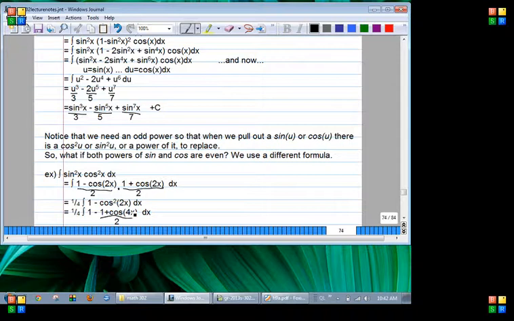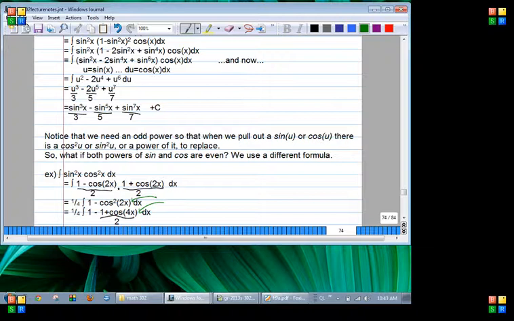But I want to bring your attention to something. What was the old angle in the cos squared? So what's the new angle in the formula? What happened to the angle? When you apply this formula, what happens to the angle?